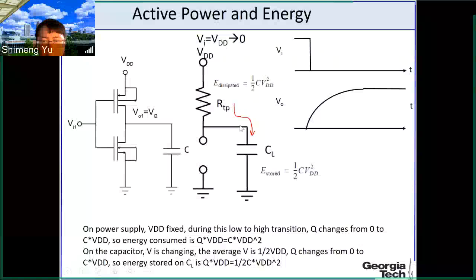So in total, how much charge is there? When the cap is fully charged, eventually the voltage reaches VDD. So the charge changes from 0 eventually to C VDD. That is the charge, and all of that charge comes from the power supply VDD.